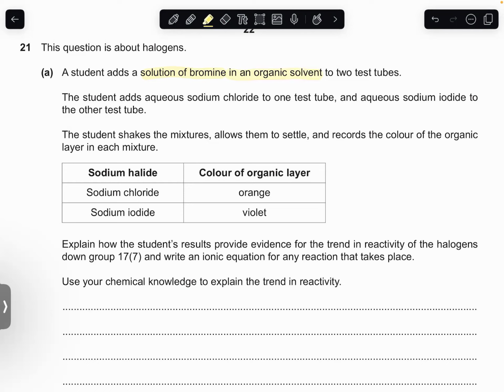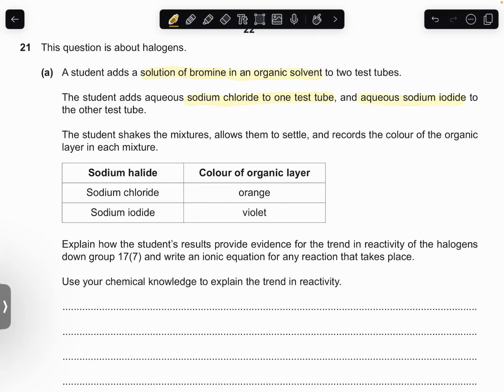The student adds aqueous sodium chloride to 1 test tube and aqueous sodium iodide to the other test tube. The student shakes the mixtures and allows them to settle, and records the color of the organic layer in each mixture.